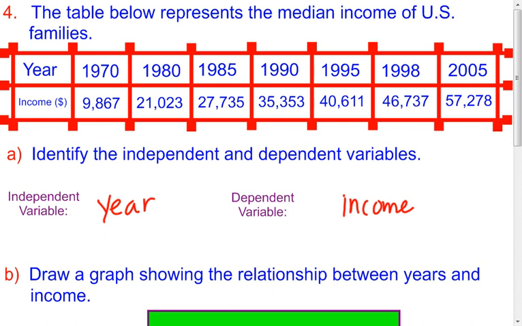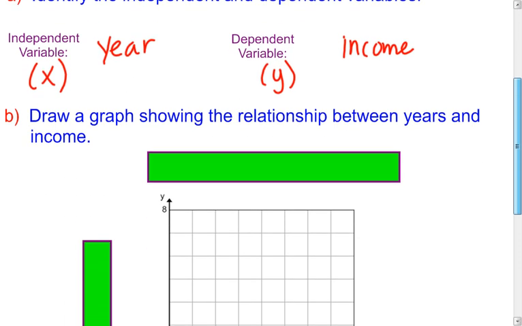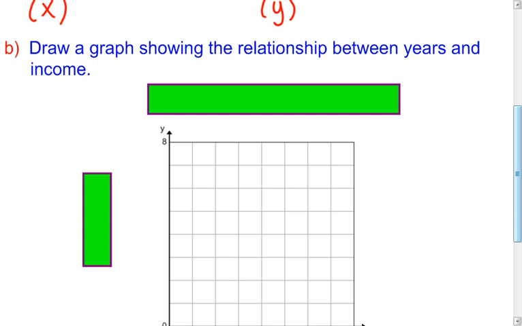Your dependent variable always goes along the y-axis, and your independent variable always goes along the x-axis. That can't change. Okay? And again, I won't know my income until I know how much time has passed. So every time you make a graph for me, I want you to give me a title.